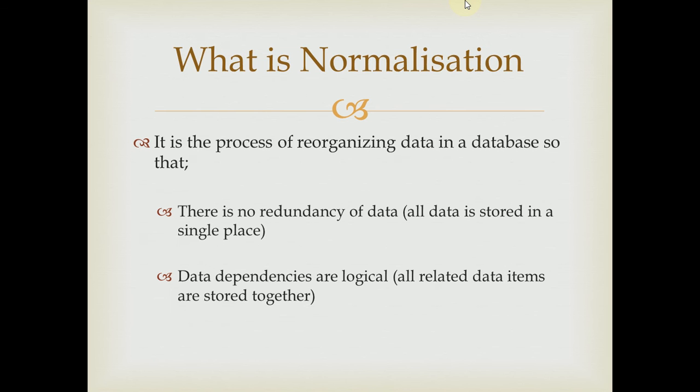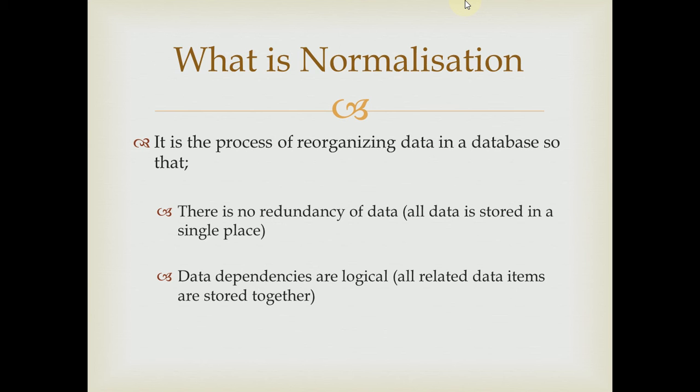So let's now discuss normalization. Remember I mentioned earlier that data was stored in flat files, and there was no structure to the data, there was no relationship defined in that data, and data had duplication and redundancy.